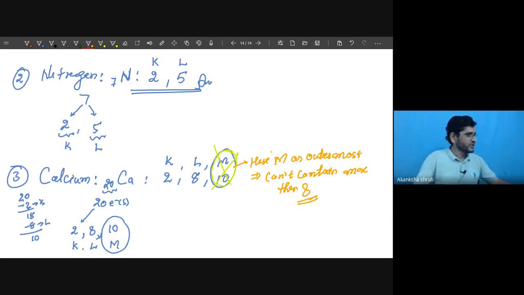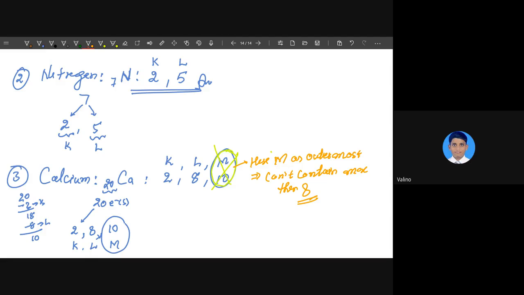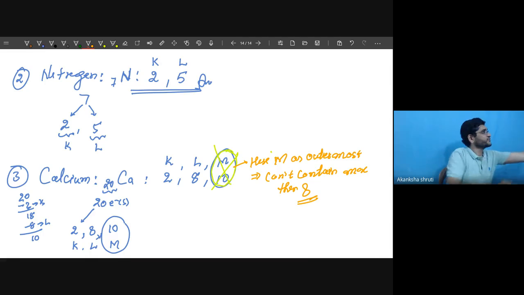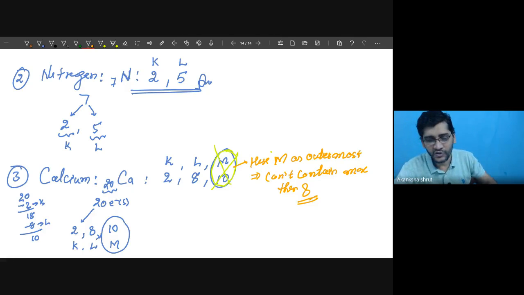So better to convert this. First we need to fill this with 8, and after this, whatever electrons are left have to go to the higher shell. Are you getting it? It's a simple thing, student. You have to understand this is the key of electronic configuration, or this is the application of the last rule.